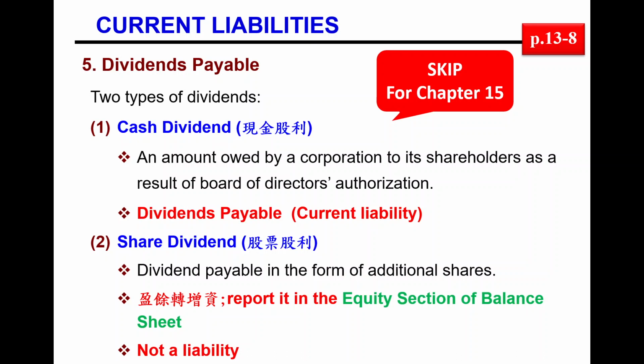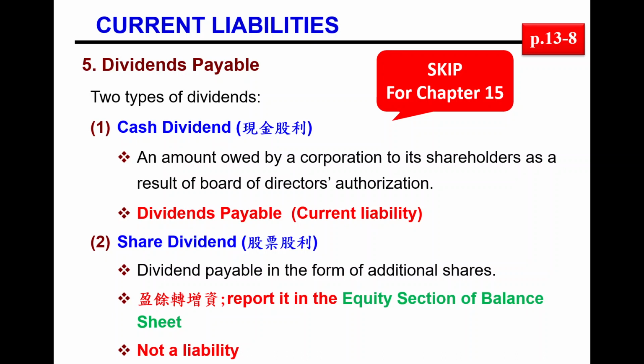The basic idea is that when we talk about dividends payable, we owe money to shareholders. Why is it a current liability? Because usually we pay the cash dividends to shareholders next month or in the next 2 months. It's a pretty short time, so that's why this kind of liability is a current liability.